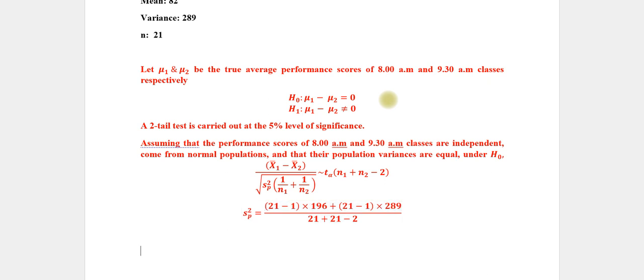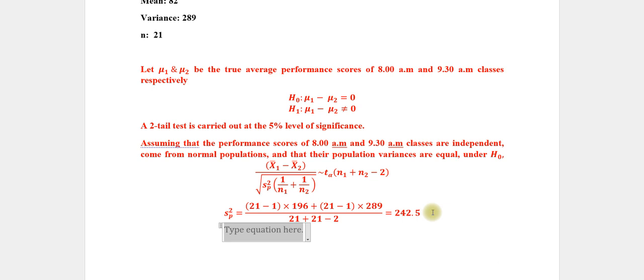And then in the end, for s squared p, we get 242.5. Obviously, it should always be in the middle of 196 and 289, right? It should be in between these two variances.